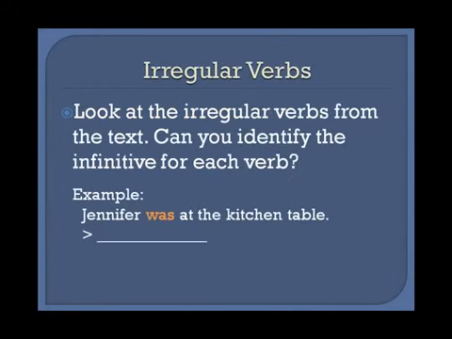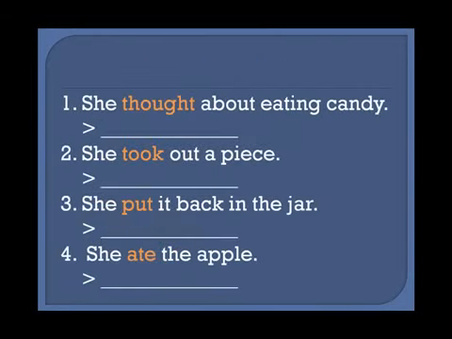Now look at the irregular verbs from the text. Can you identify the infinitive for each verb? Example. Jennifer was at the kitchen table. What's the infinitive? To be. Now it's your turn. Number 1. She thought about eating candy. The infinitive?